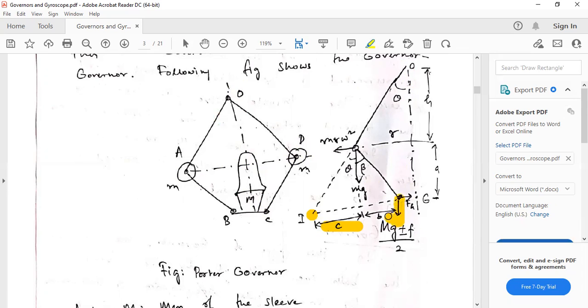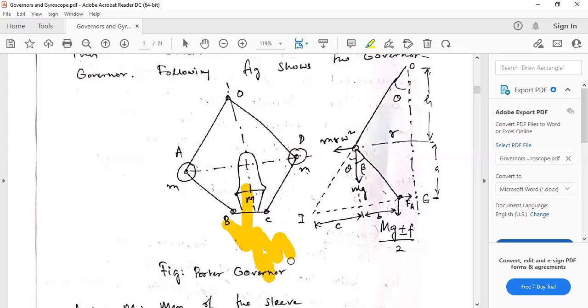This force is because of this heavy mass M. Capital M and G is its weight, capital Mg, and the weight of the smaller one is small mg. Here you can see that we have written Mg plus minus f. Mg is the total weight of this.